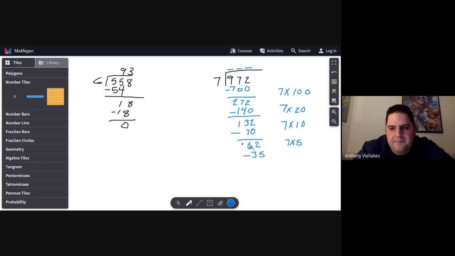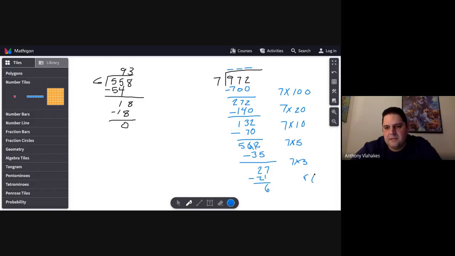So this will be, regroup, 12 minus 5 is 7. 5 minus 3 is 2. And then 27. So now I could say, oh, I know 7 times 3 is going to be 21. And then I'm going to have a leftover 6. 6 is less than what I'm divided by, so that's going to be my remainder.